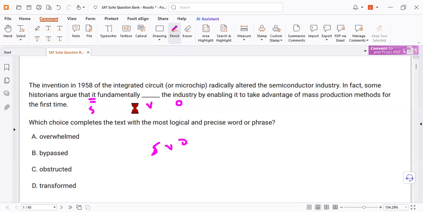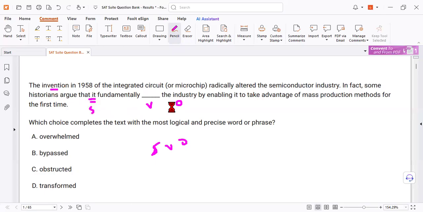It, what does it refer to? So you must go to read. The invention of integrated circuit or microchip radically altered semiconductor industry. Some historians argue it.